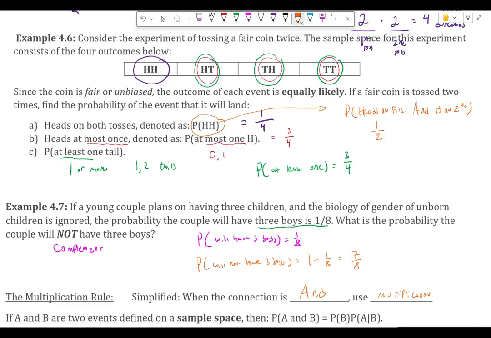We have a 50% chance, or a 1 out of 2 probability of getting a heads on any coin toss. And the connector AND would be multiplication. We have a 50% chance, or a 1 out of 2 probability of getting a heads on the second toss. So we can do some multiplication here. 1 times 1 is 1. 2 times 2 is 4. We could find the probability without the sample space by just finding the probability of each individual step.